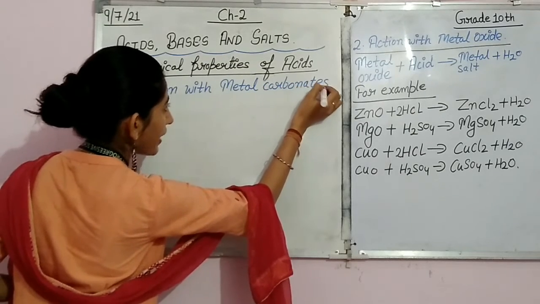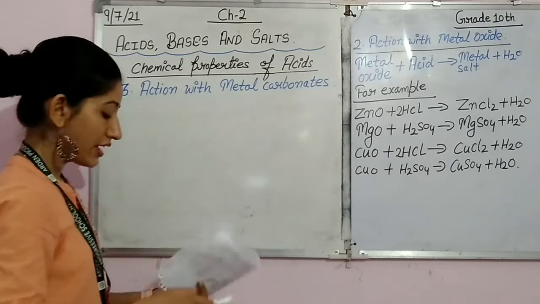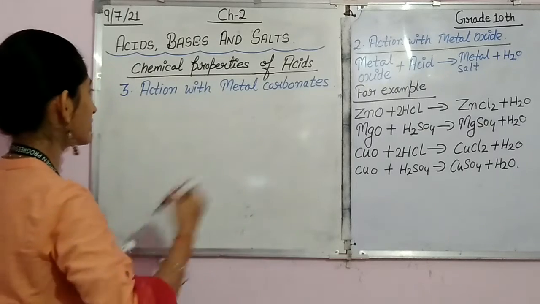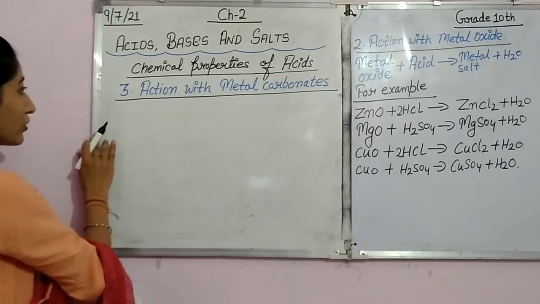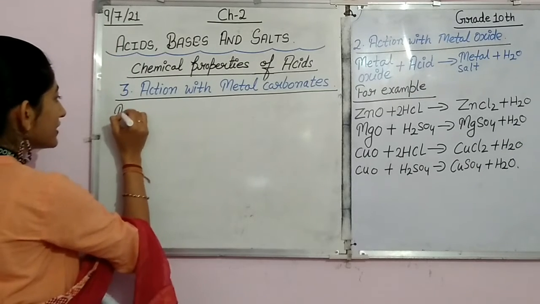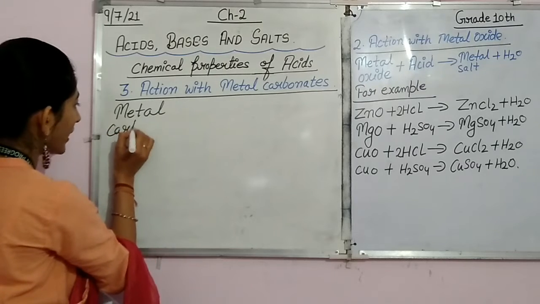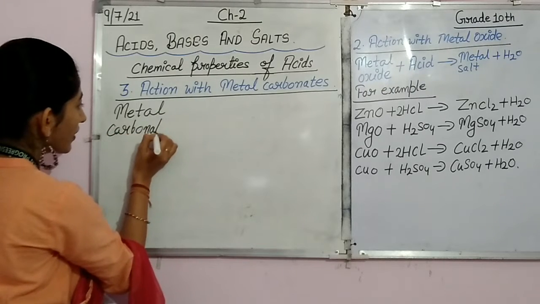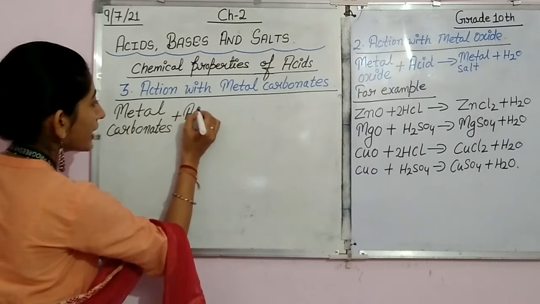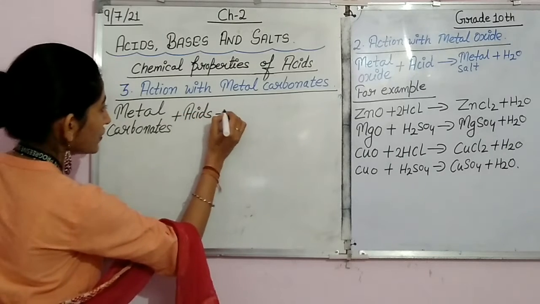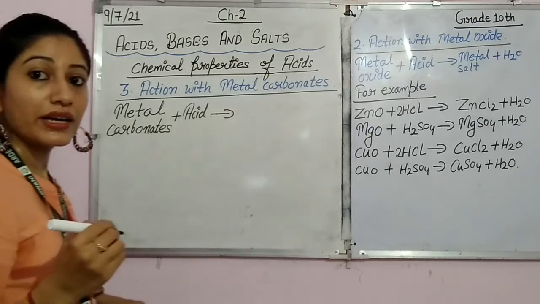So students, when we are talking about the action with metal carbonates, first of all we must know which way they will react. Metal carbonates plus, now with whom are we reacting? With acids only. So metal carbonate plus acid. Now what will it give?